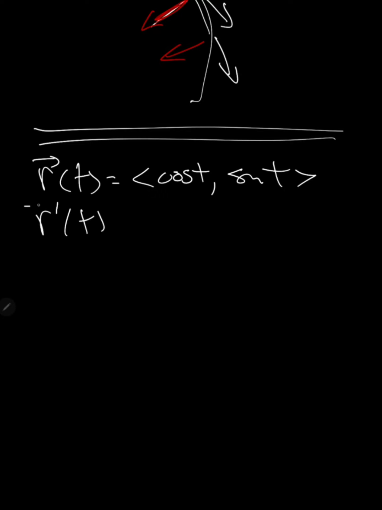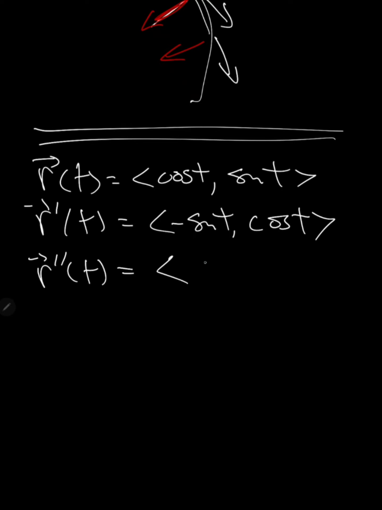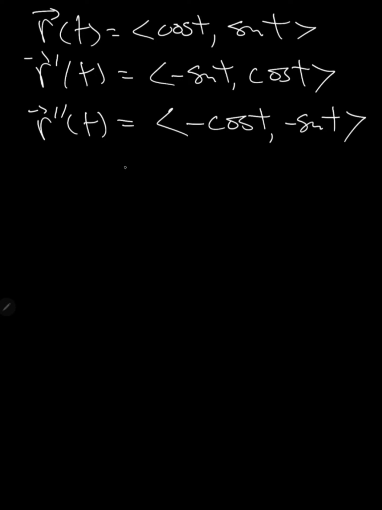Let's again look at our favorite example. r of t equals cos t, sine t. In this case, r prime of t is going to be minus sine t, cos t, and r prime prime of t is going to be minus cos t, minus sine t, which is actually just the negative of cos t, sine t.